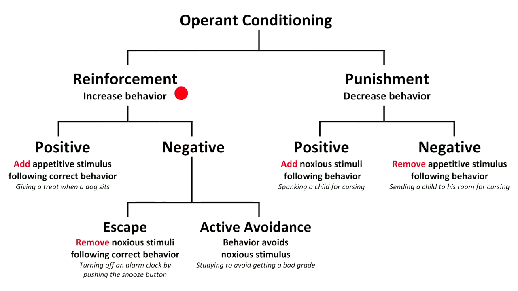So here we're starting with the whole category of reinforcements, and we can see on the other side that they increase and maintain behavior, and then over here we have punishments that decrease or eliminate behaviors. Now, on the second tier down here, we're going to take a look at this one first. We're seeing the terms positive and negative.